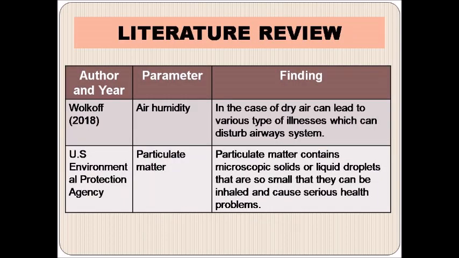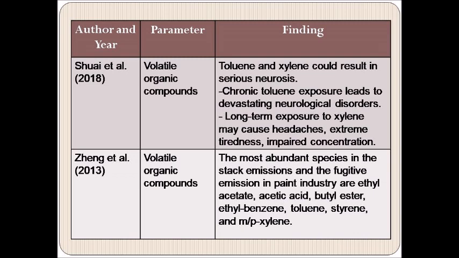Literature review. In the case of dry air, it can lead to various types of illnesses which can disturb the airway system. Particulate matter contains microscopic solid or liquid droplets that are so small that they can be inhaled and cause serious health problems. Toluene and xylene could result in serious neurosis. Chronic toluene exposure leads to devastating neurological disorders, of which dementia is the most common.